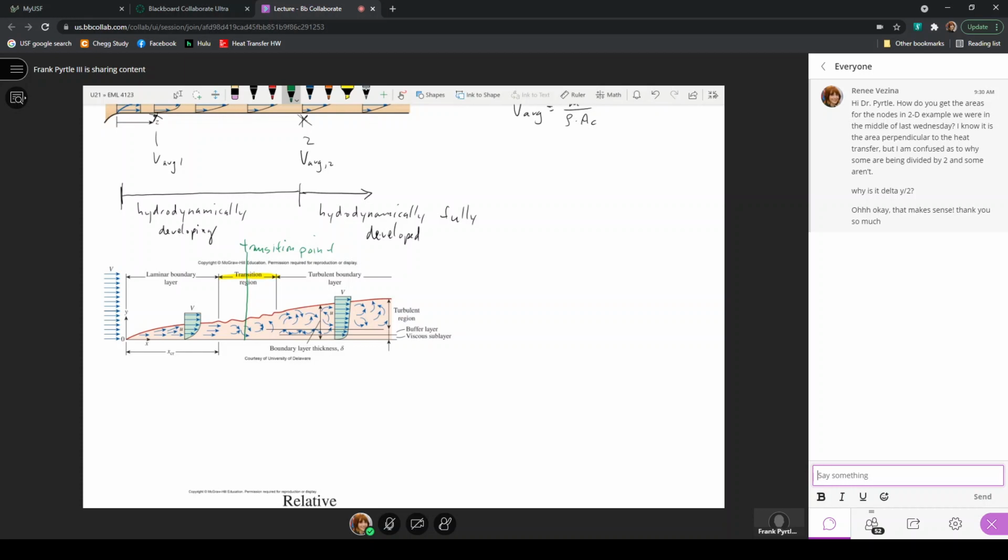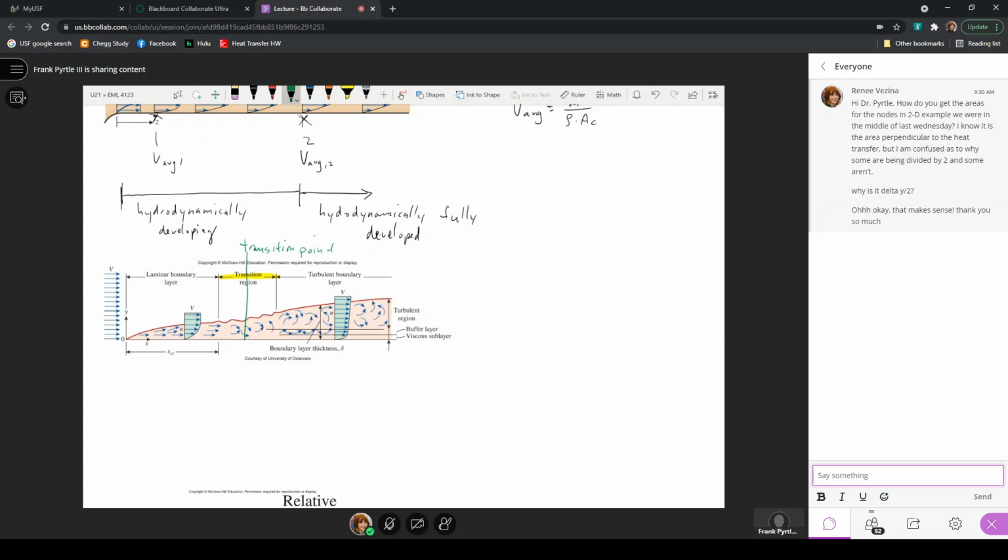We would consider it to be either laminar or turbulent because we've reduced the transition region down to a transition point. That transition point is the point at which the fluid is no longer laminar, but we consider it to be turbulent. That's just to simplify the selection process for a correlation based on a laminar or a turbulent flow condition.